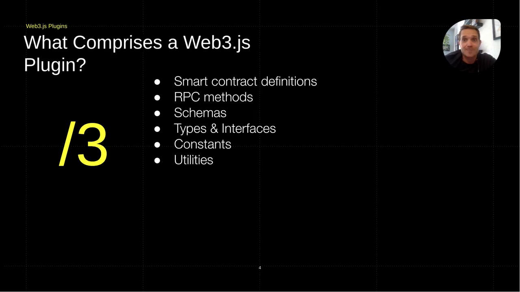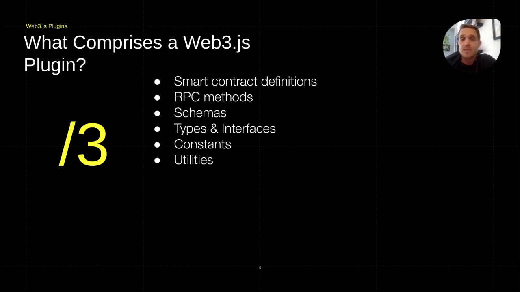So really anyone from these groups is a great candidate for building a Web3.js plugin, and I'm sure there's more that I'm forgetting. So what are the elements that go into a Web3.js plugin? We talked about smart contracts, so smart contract definitions are one thing that can easily be bundled up into a Web3.js plugin. RPC methods, if you're an Ethereum compatible chain that exposes some additional RPC methods on top of the standard Ethereum RPC.